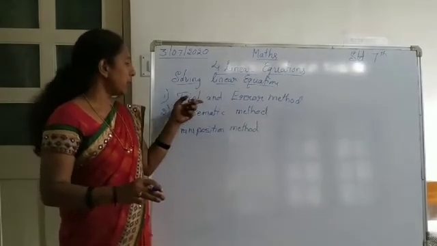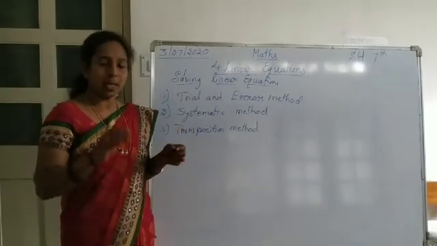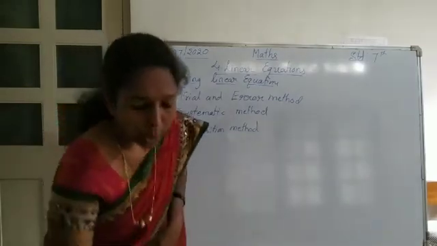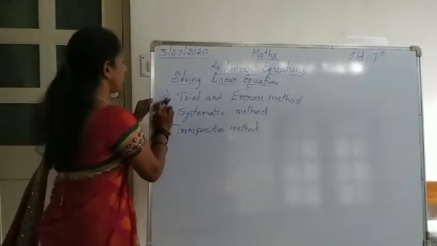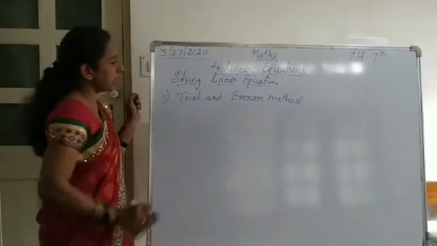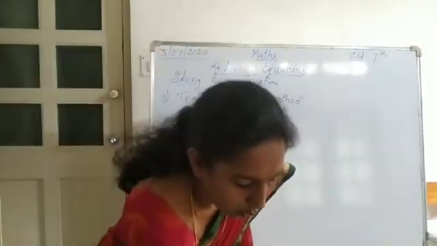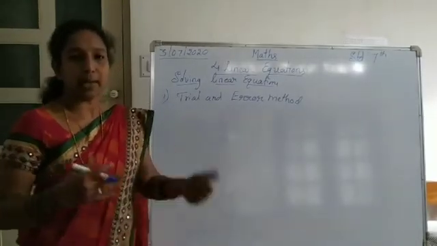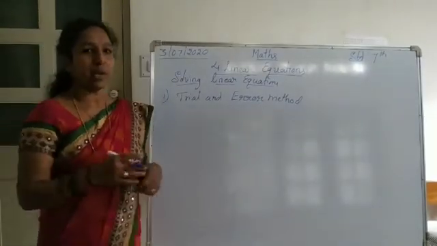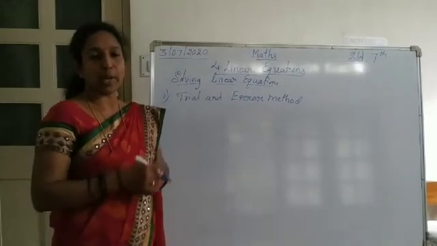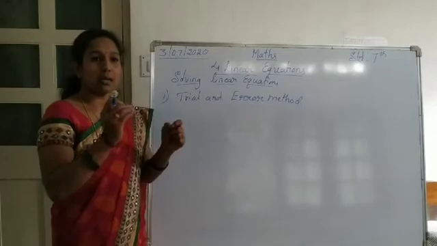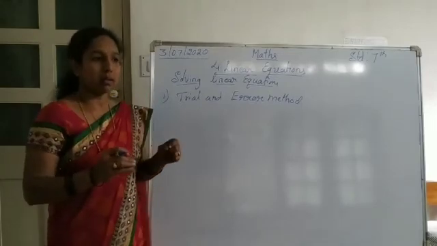In your textbook the trial and error method is not given, but I will teach you how it is done. First I will explain the trial and error method. The name itself says trial and error. For example, if you are preparing some food, first you put a little bit of salt, chili powder, pepper powder.